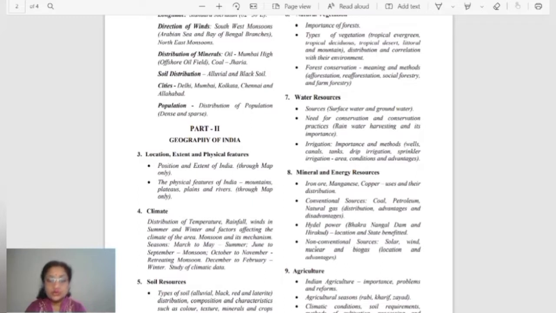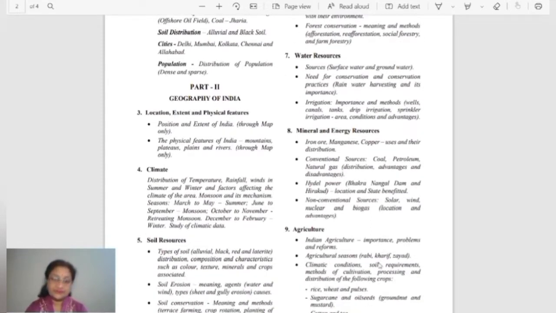Out of the total, you have to cut now the tidal energy and another one is geothermal. These 2 are not there in the syllabus this time. So these all you have to cover: solar, wind, nuclear and biogas, their location, where these are most commonly used, their advantages. It is a part of it. Now come to the agriculture.